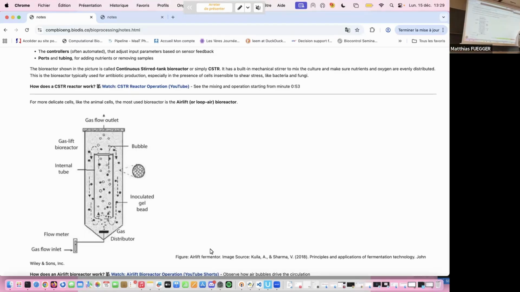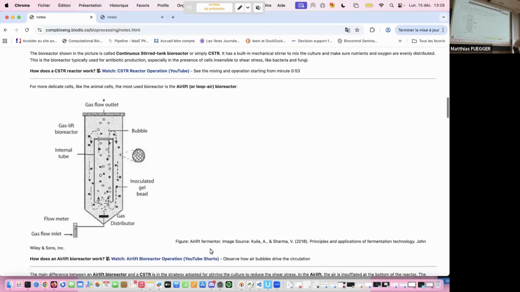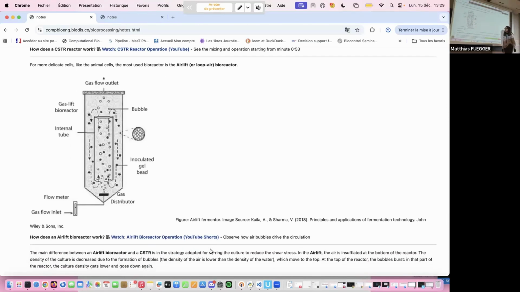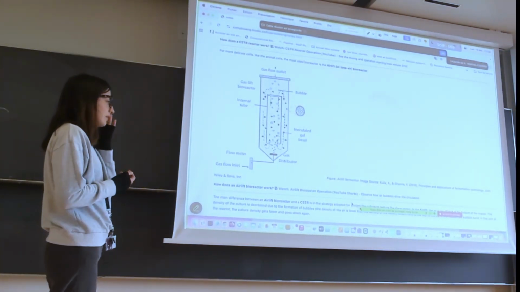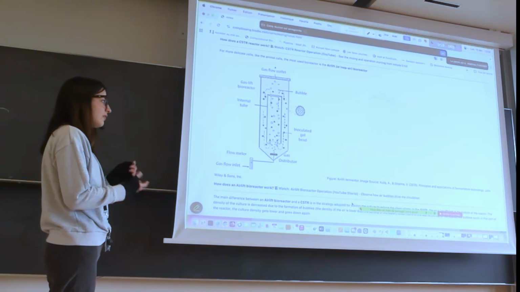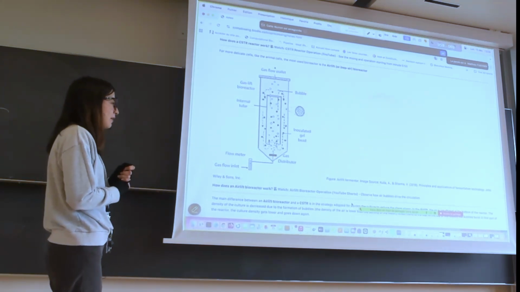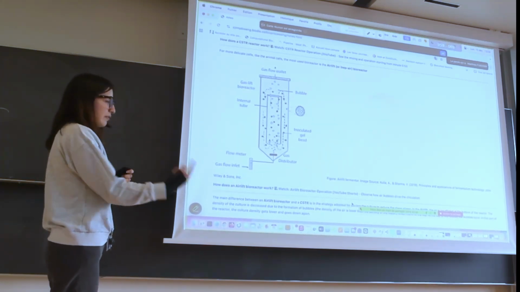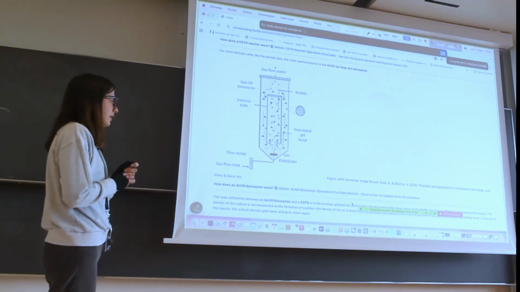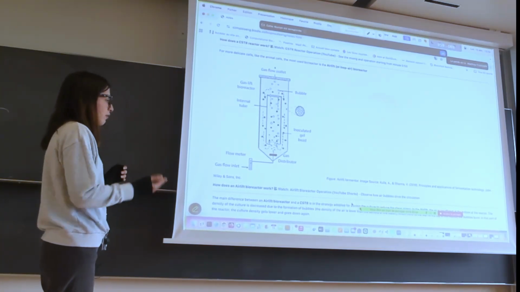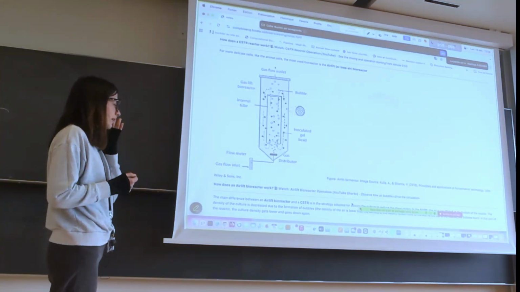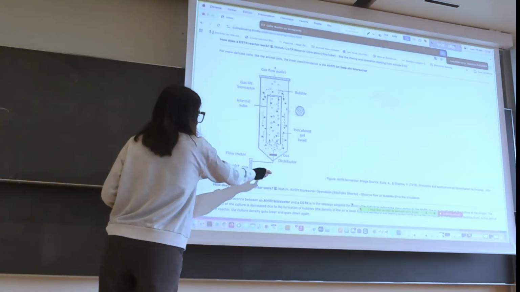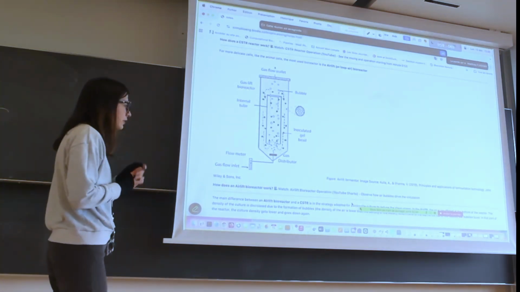The difference between this and the CSTR is that in this case, the stirring is not given by the fan, but it's given by the flow of gas at the bottom of the bioreactor.